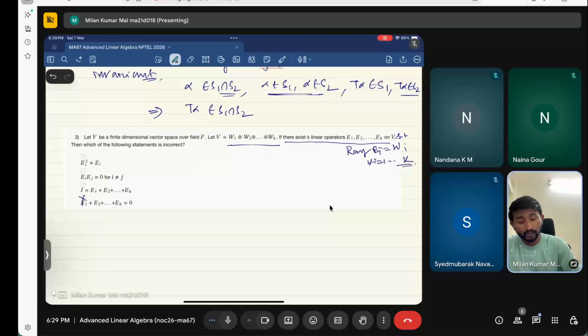This is itself a theorem, but let me write what is meant by this direct sum.